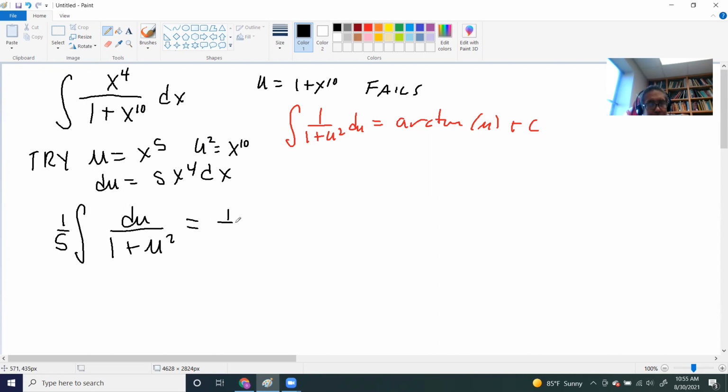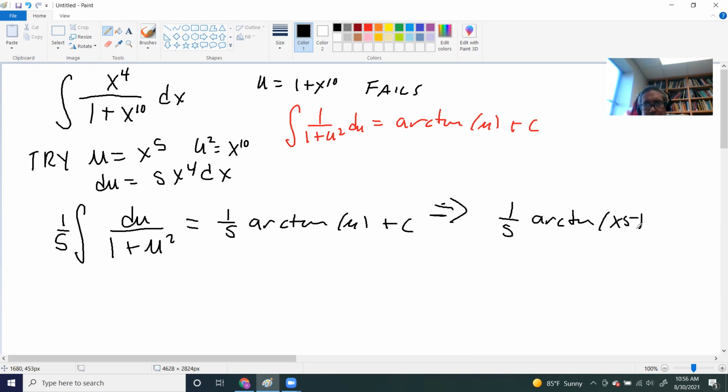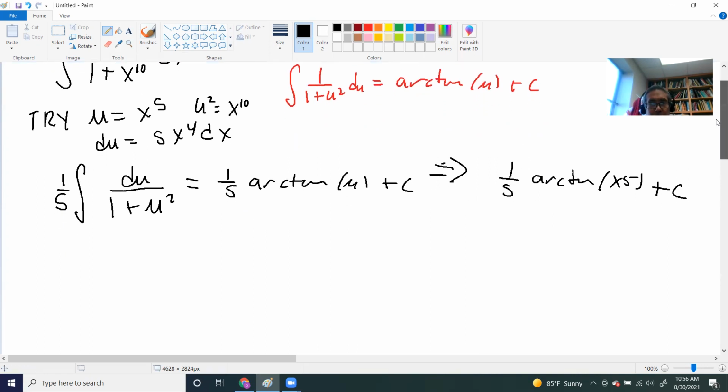So this is 1/5 arctangent, and our original integral transforms to 1/5 arctangent of x to the 5th plus c. Right? That's question 1.